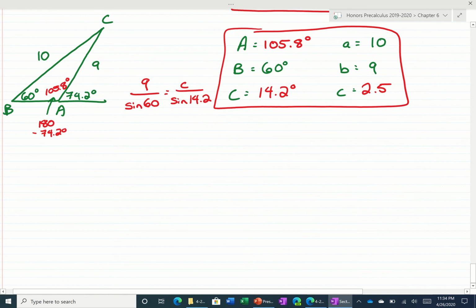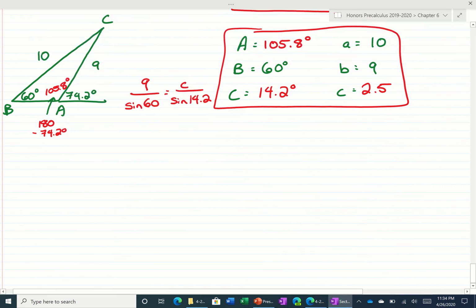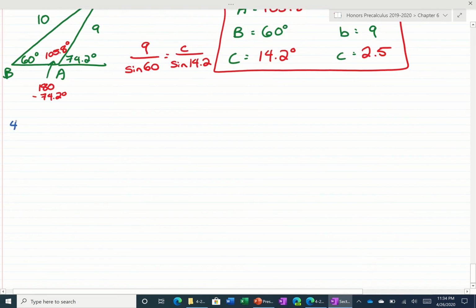Alright, one last problem from the homework, and then I'll show you something else we'll be doing today. Problem number 4. It says that angle A is 38 degrees, side B is 10, and side A is 8.